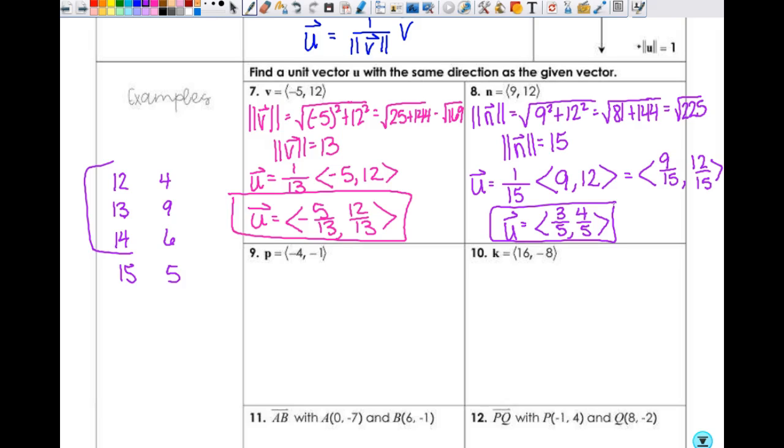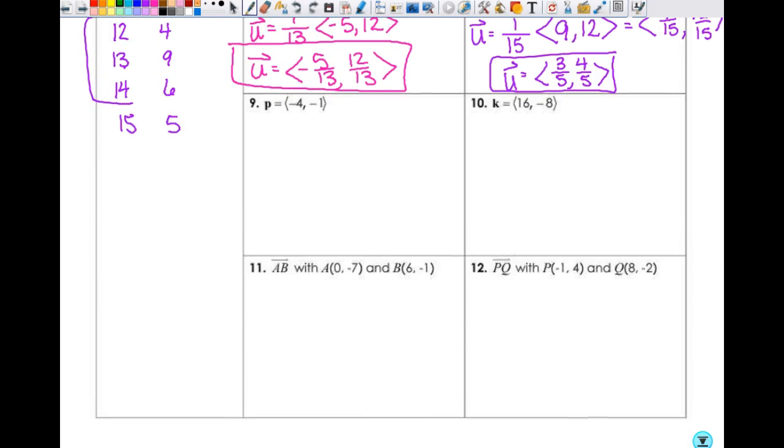All right, we're going to do number 9 together. So you can go ahead and find the magnitude without me. So we just get the square root of 17, right?